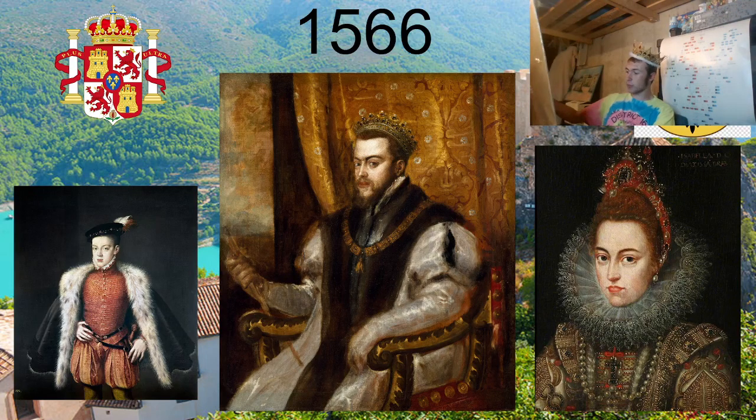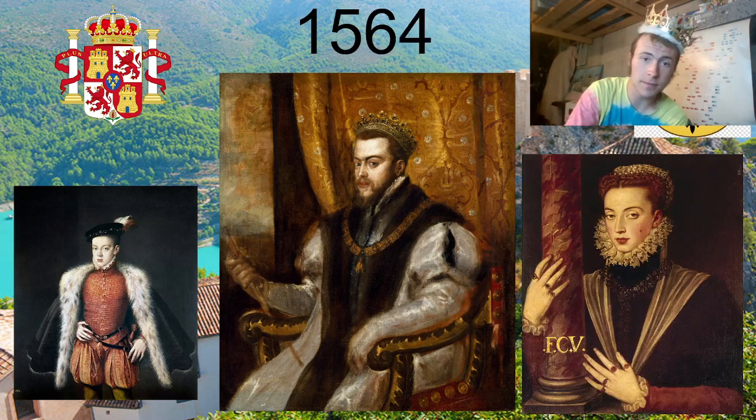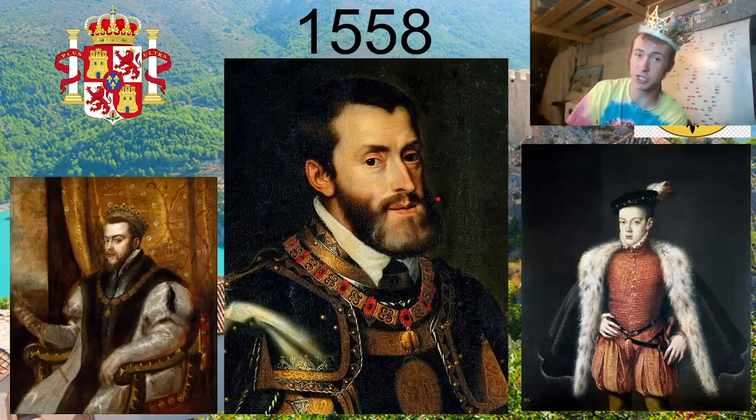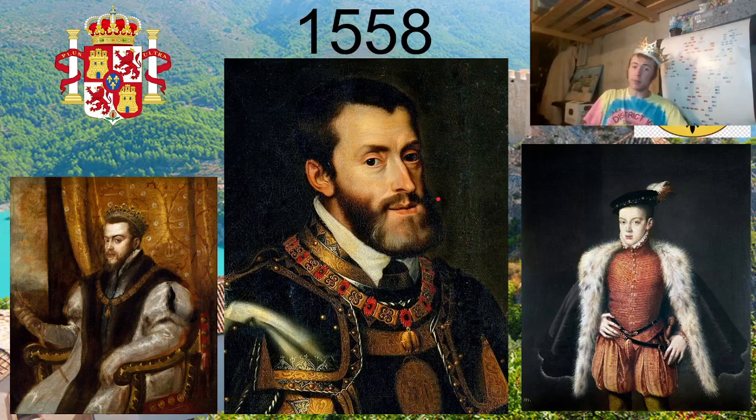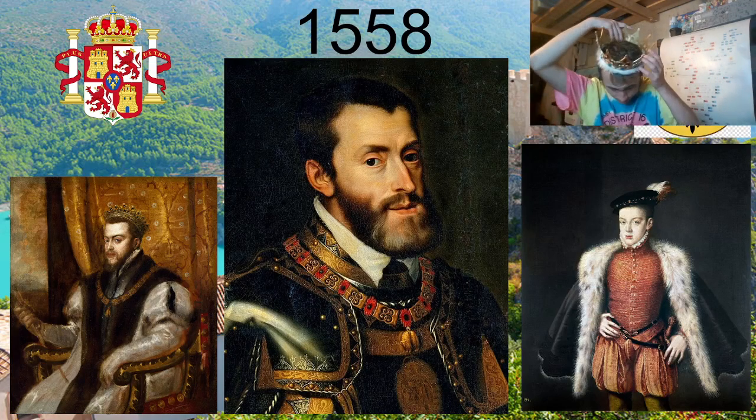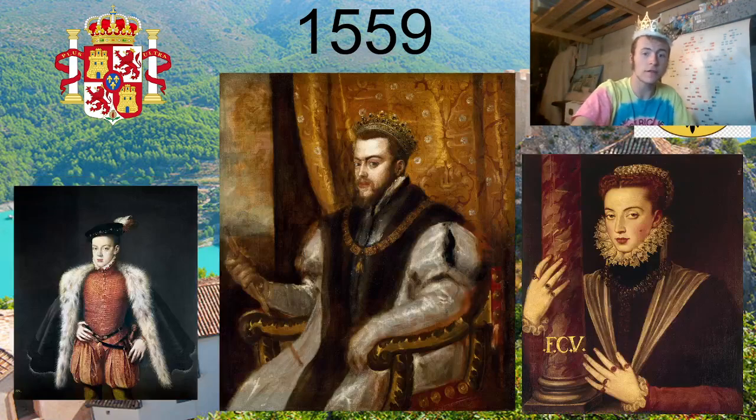Now, Portugal goes through kind of a succession crisis because Carlos I's wife, who was the mother of Felipe, was also Portuguese. And the Portuguese succession goes through the Habsburgs. So, Felipe II ends up becoming king of Portugal as well.